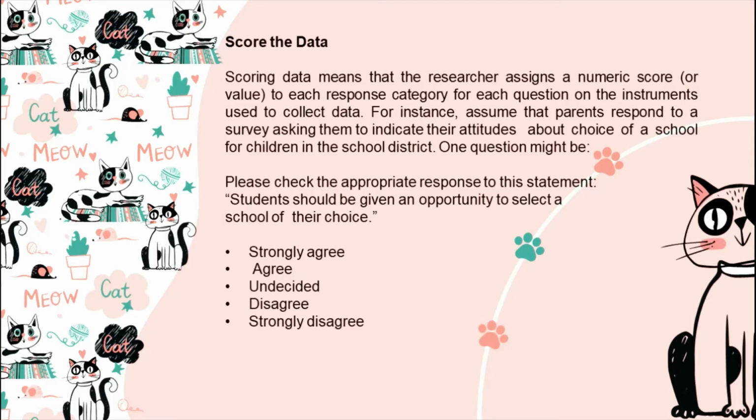One question might be, please check the appropriate response to this statement. Students should be given an opportunity to select a school of their choice. Strongly agree, agree, undecided, disagree, and strongly disagree.